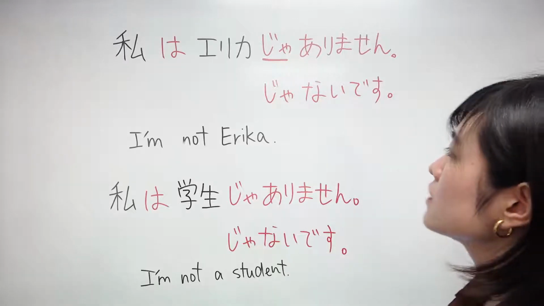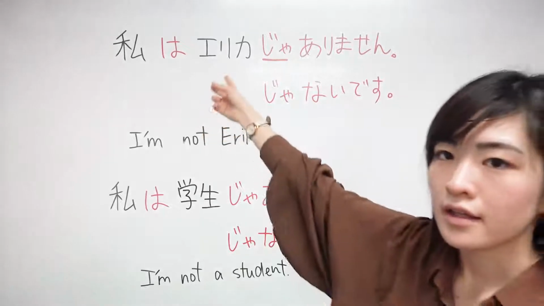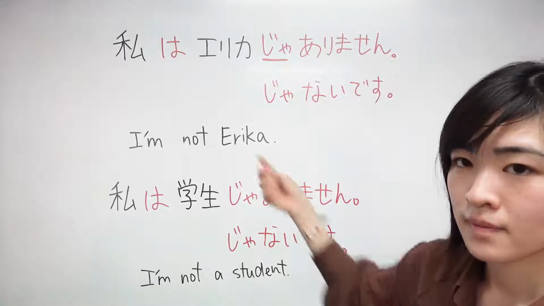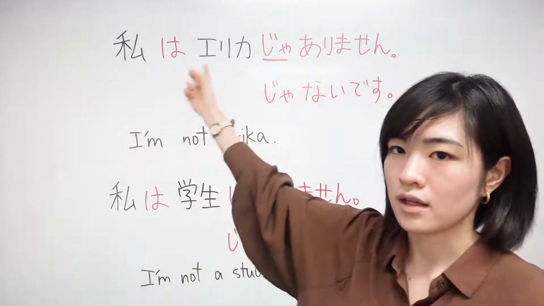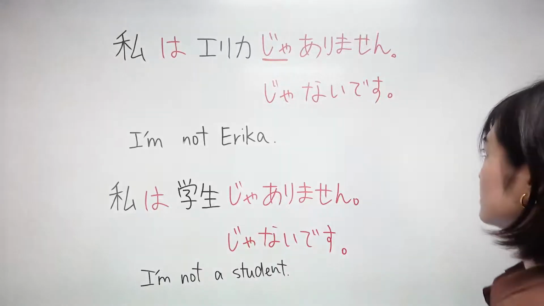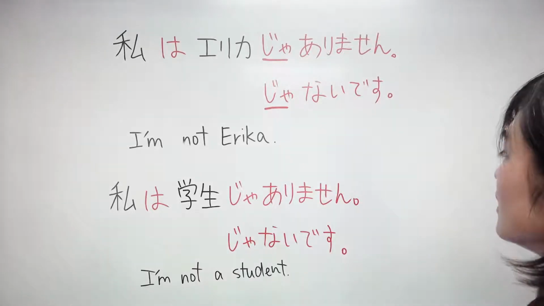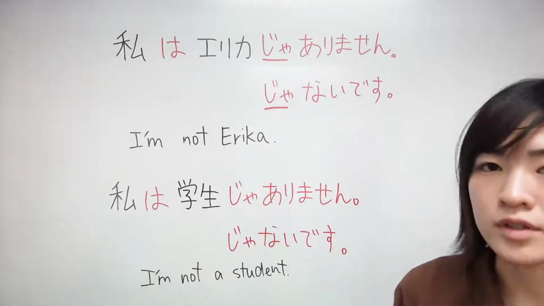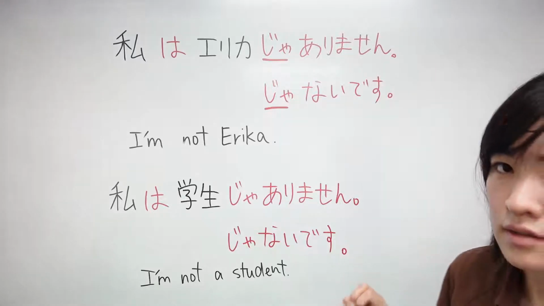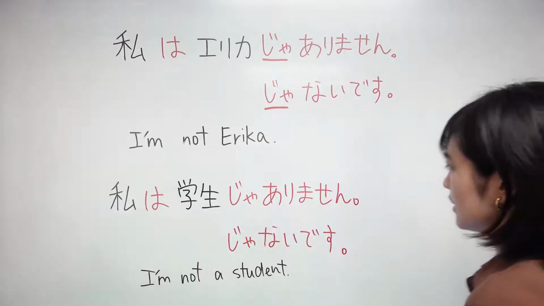Another way you can say it. Let's read it. 私はエリカじゃないです。This also means I'm not Erica. So when you want to say I'm not, you can use じゃありません or じゃないです。Alright.